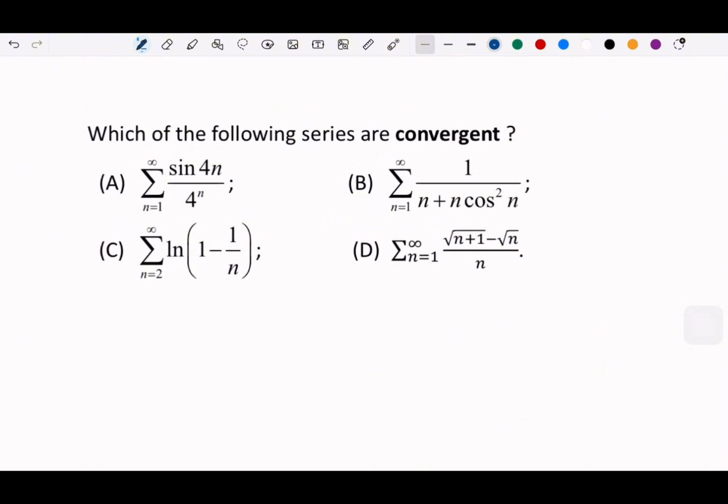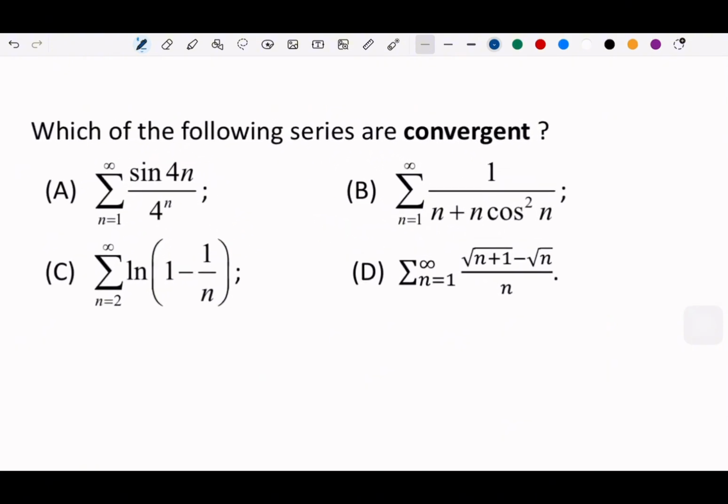I think every time you see A and B, it has this trigonometry, right? It's trigonometry in fractions. And maybe sometimes it has some other number added as well. But if we see any trigonometry, maybe the best way to start is checking with the comparison test. Because we know that sine or cosine, squared, is supposed to be only positive, right?